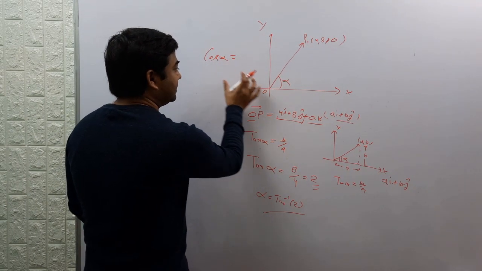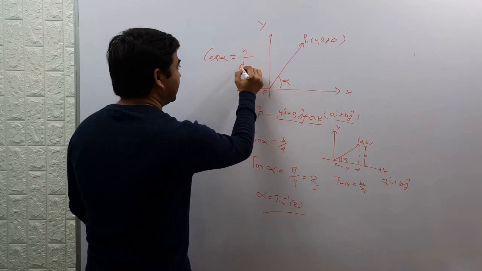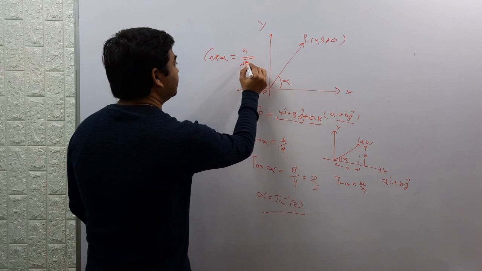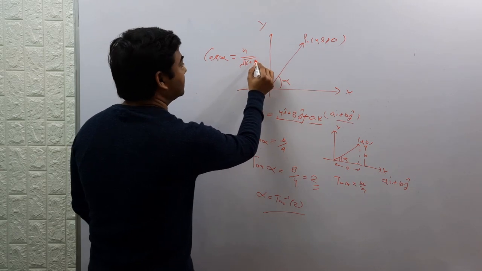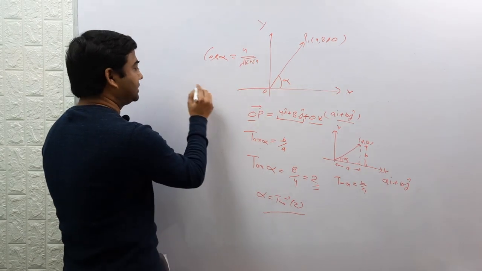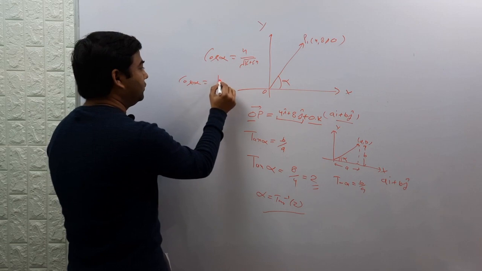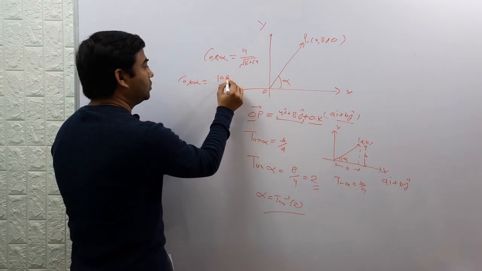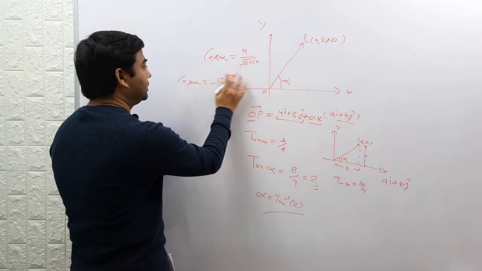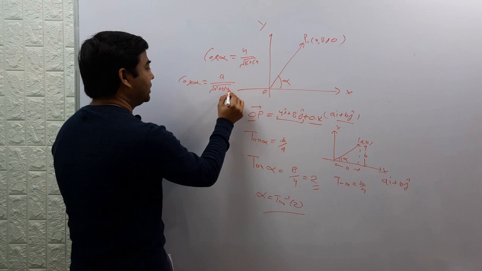Cos alpha is equal to the coefficient of i, that is A, divided by under root A square plus B square plus C square.